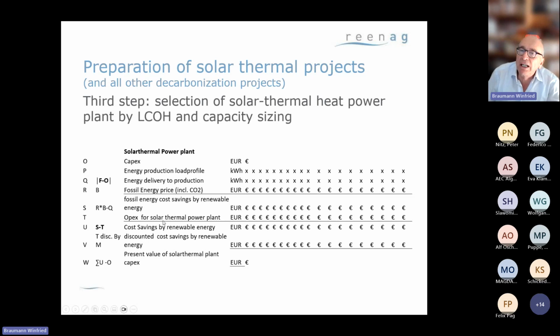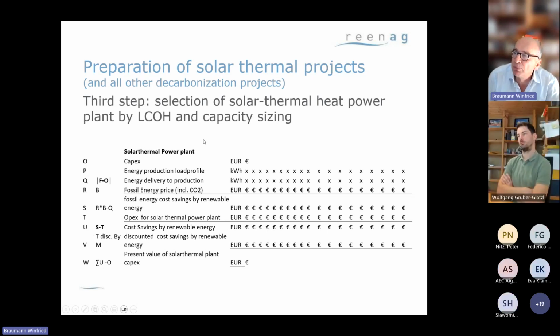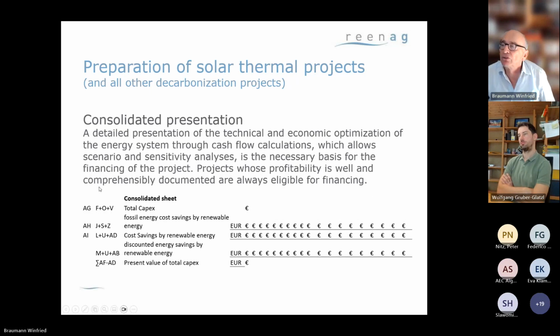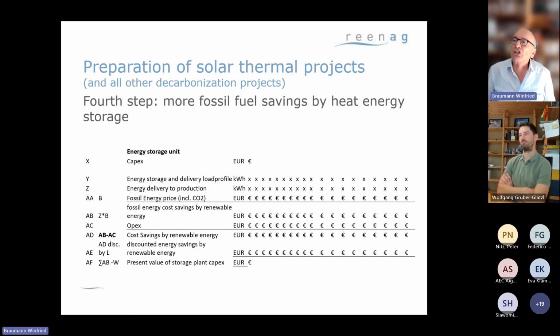decarbonization, but we can add here a fourth step, which has been already mentioned by Christoph Brunner. We can add additional energy cells. Either we can add a storage solution, or we can look for additional energy consumers on site.